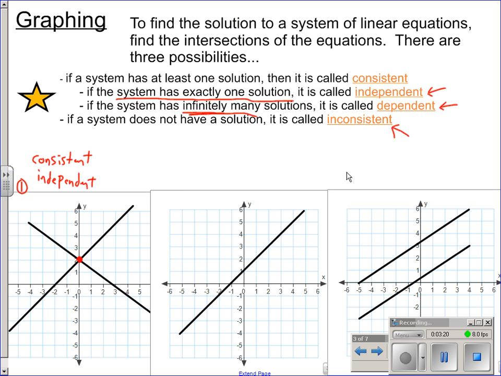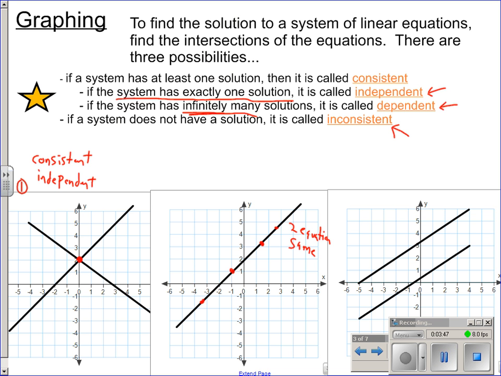Okay. With this one, let me see if I can separate this. What we're looking at here, this is two equations, but they are the same. All right. So there's two lines drawn here. They're just one right on top of the other one. That means if I put this point in there, it works on both equations. This point works on both equations.